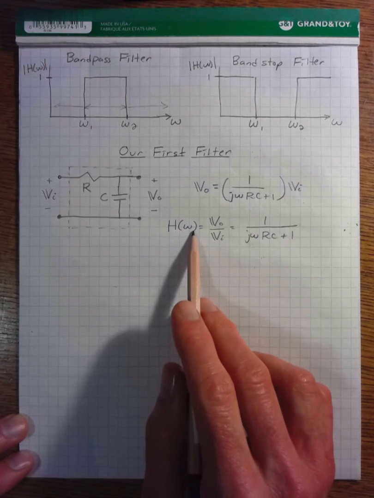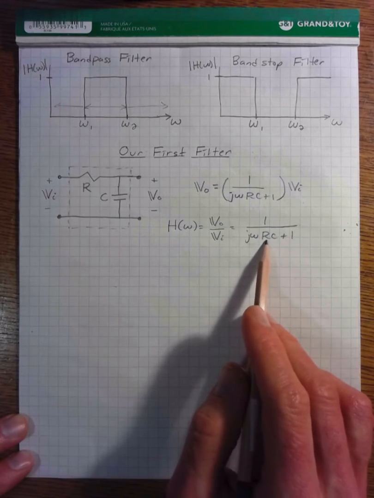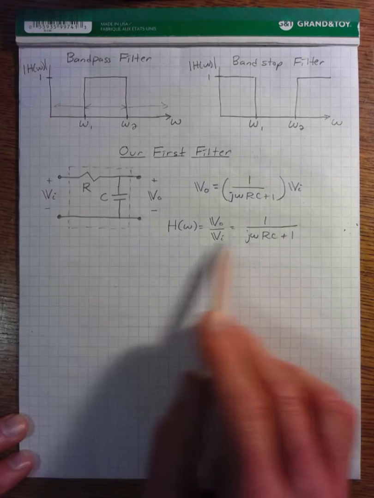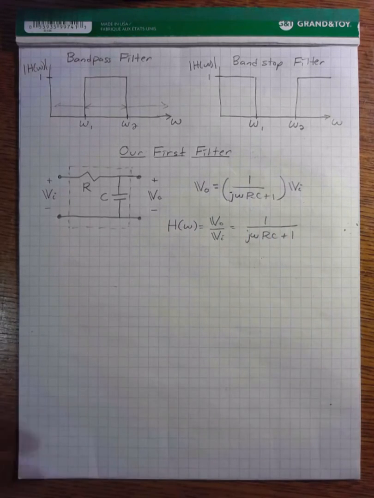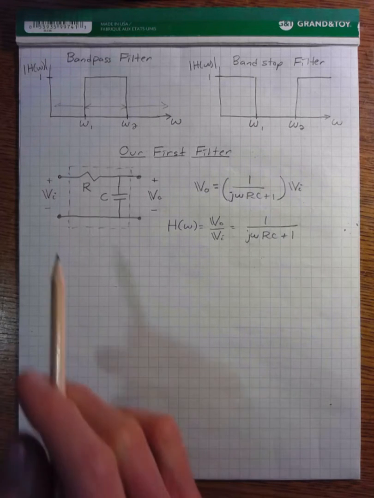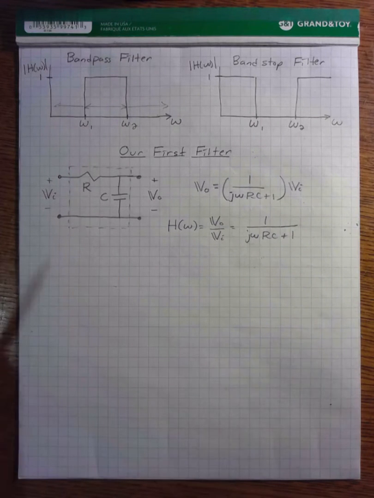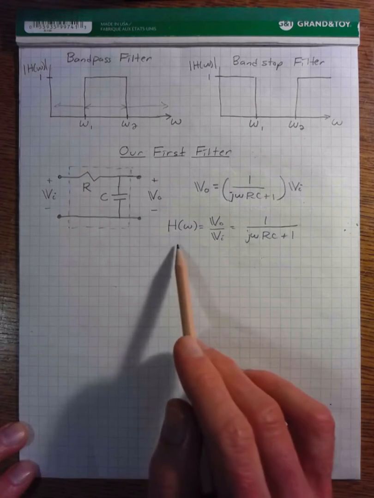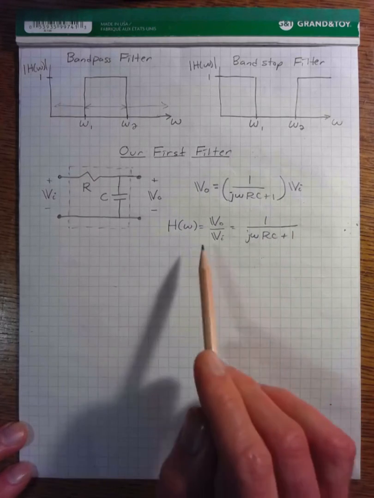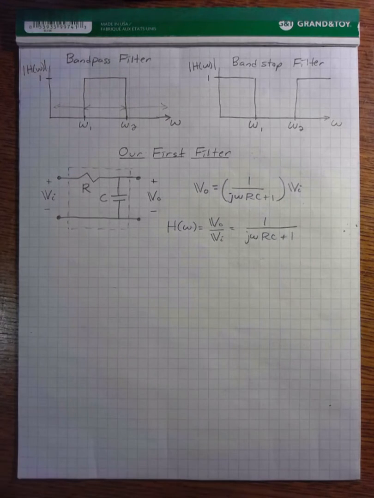And so our voltage transfer function is very small, or 0, for very large frequencies. So this circuit, because of this transfer function, allows lower frequency sinusoids to pass, but blocks higher frequency sinusoids. And sure enough, this is our very first filter circuit, and this particular one is a low-pass filter. We can confirm our intuition by looking at a simulation of this circuit, both in SPICE and in MATLAB.